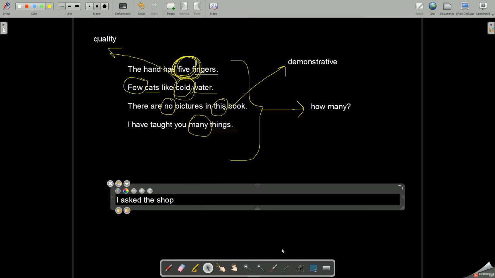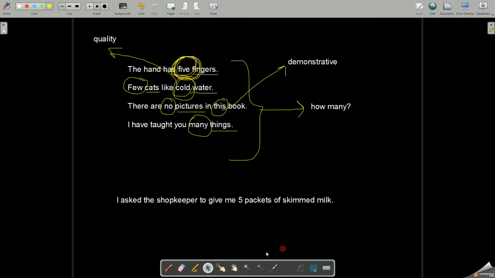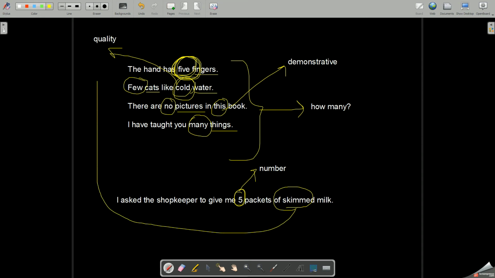I asked the shopkeeper to give me 5 packets of skimmed milk. I should have written it FIVE. So 5 packets, adjective of number. Whereas skimmed milk, what kind of milk? Skimmed milk, hence it will be adjective of quality.